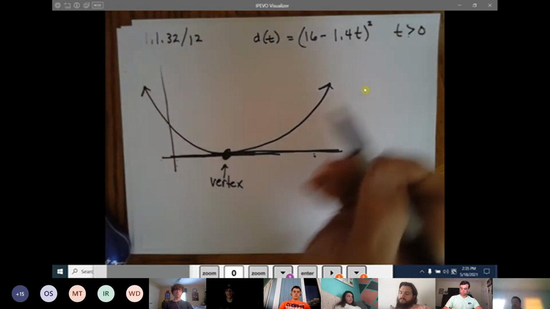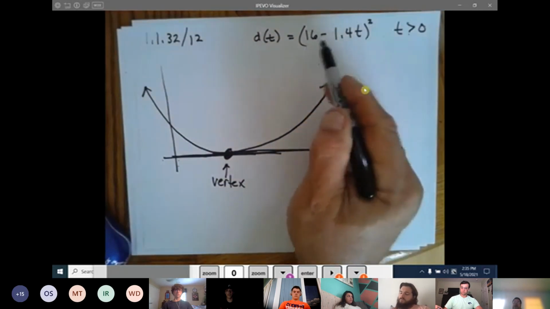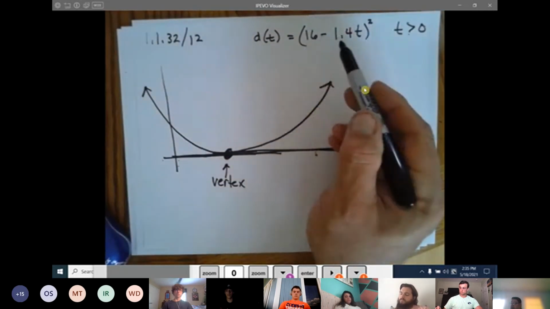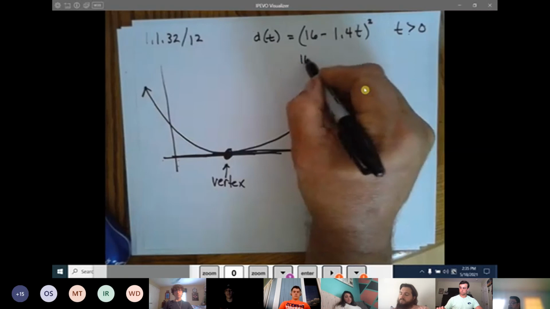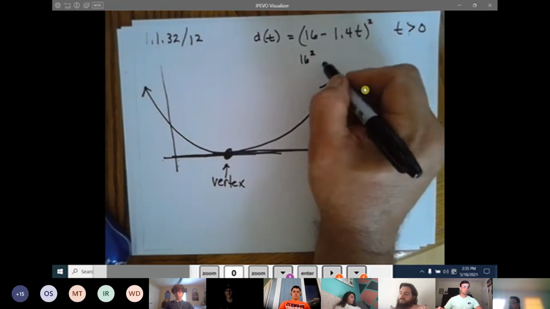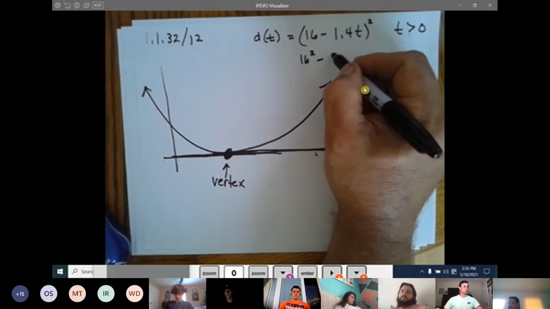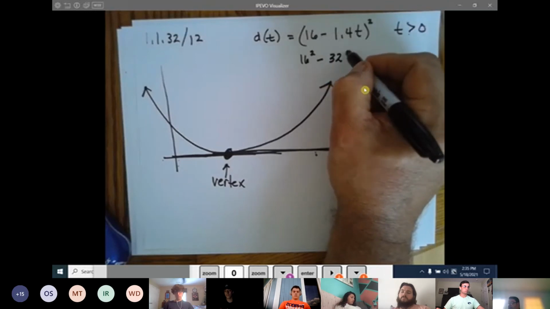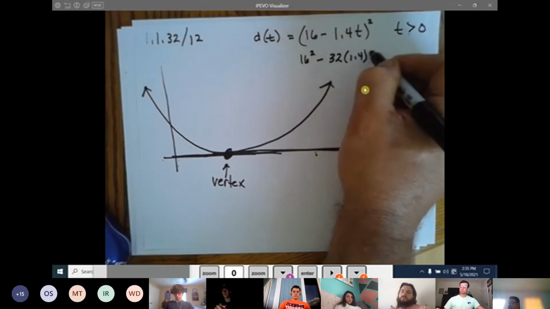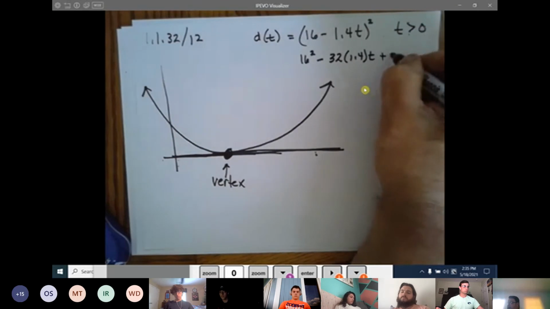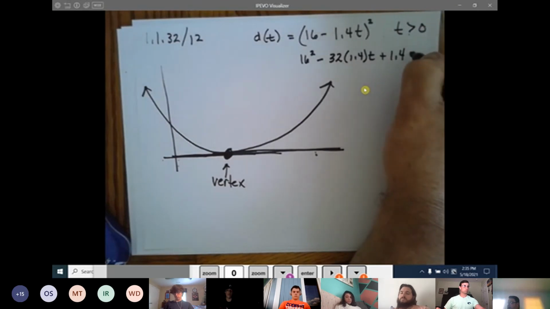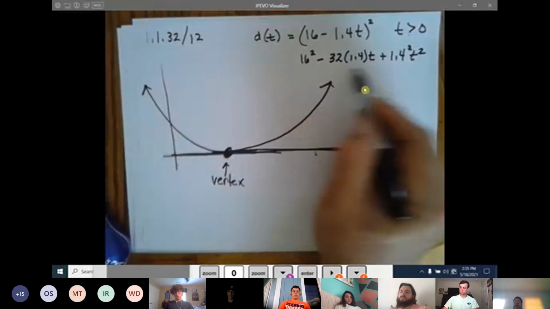So I could do shortcut number 1 on this thing and get 16 squared minus 2 times 16, which is 32, so it'd be 32 times 1.4t plus 1.4 squared t squared. And that would give me the quadratic that goes with this curve.